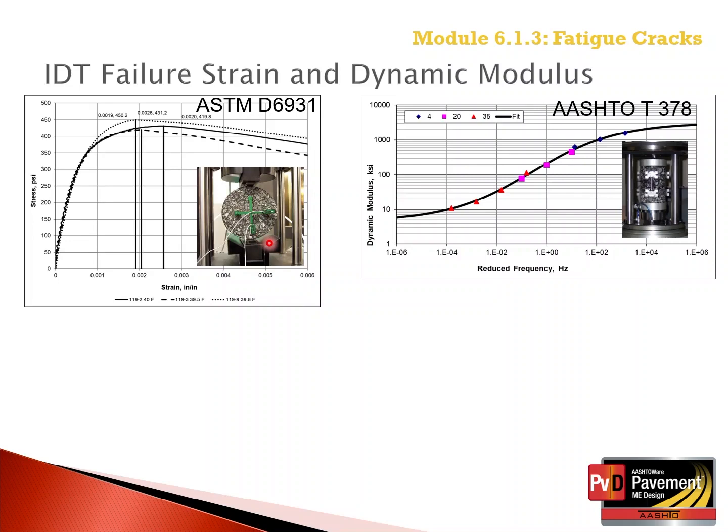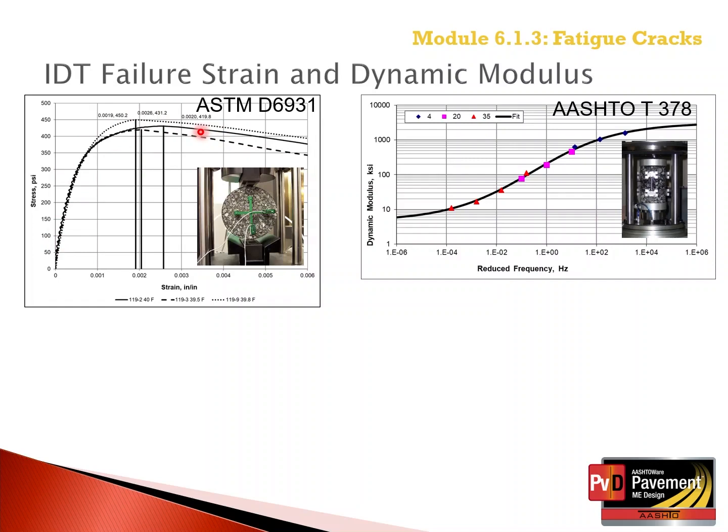The measured horizontal displacements of the specimen are used to determine the tensile strain at failure for multiple test specimens and even at different test temperatures.